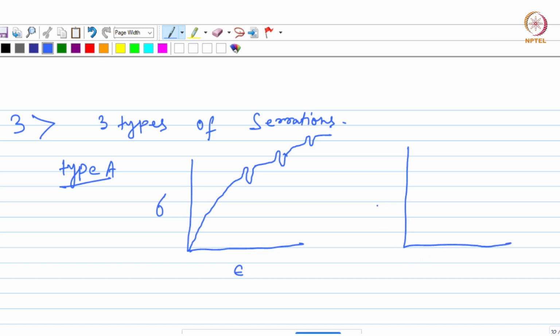Type B, which appears as continuous serrations like this.